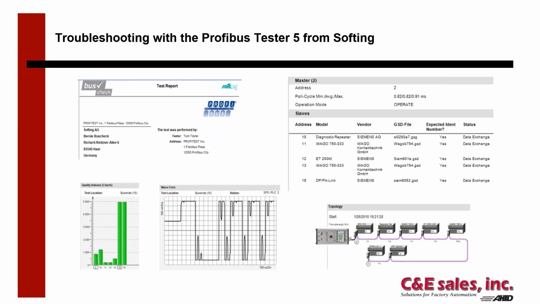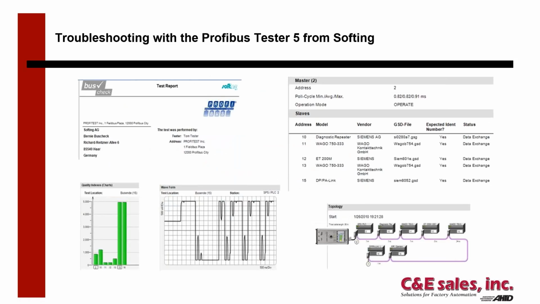This is a good device if you're a machine builder, an OEM, an integrator. You go out and commission the machine, and before you leave, you do an analysis of your Profibus network, and then you can hand your customer a really nice document and say, hey, you've got no problems with Profibus. It looks good.